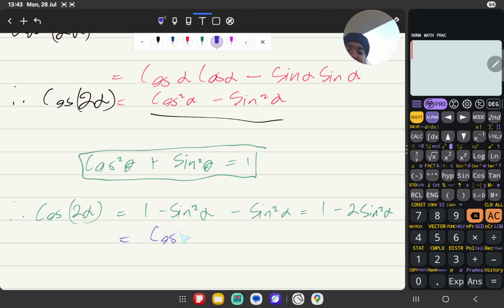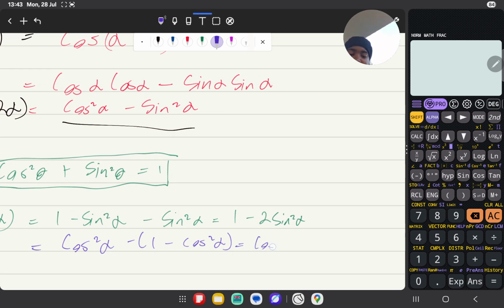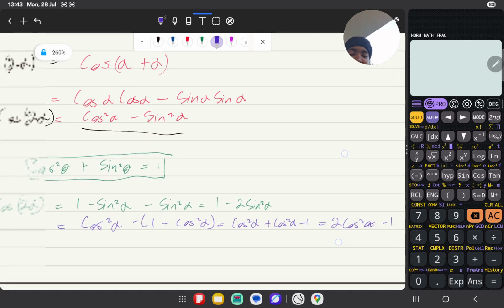Therefore I have cos squared alpha, then a minus into 1 minus cos squared alpha, which gives me cos squared alpha plus cos squared alpha minus 1, which gives me 2 cos squared alpha minus 1, right?